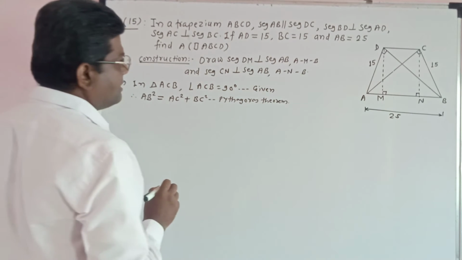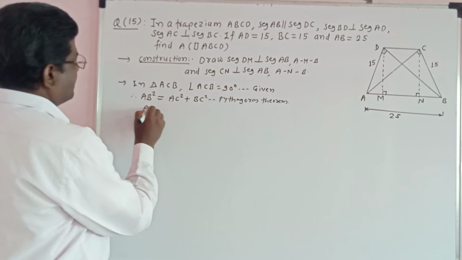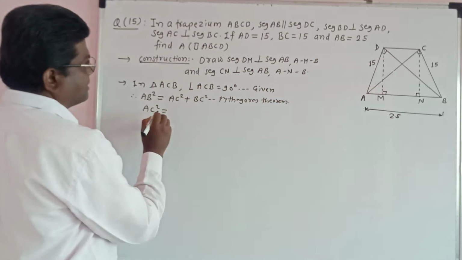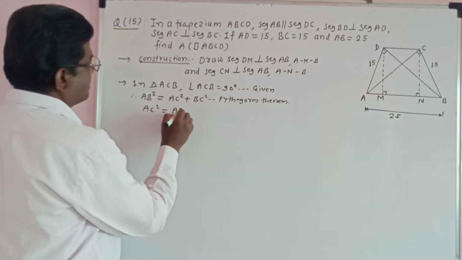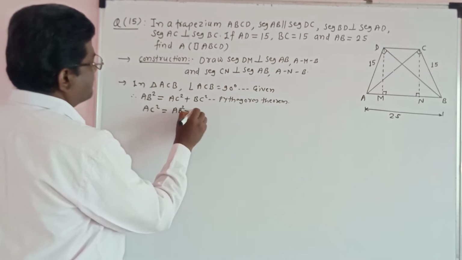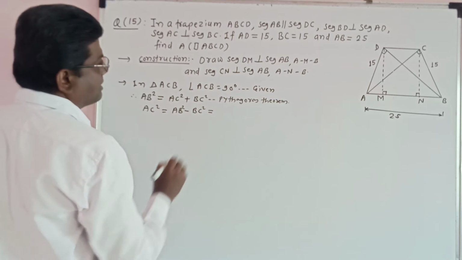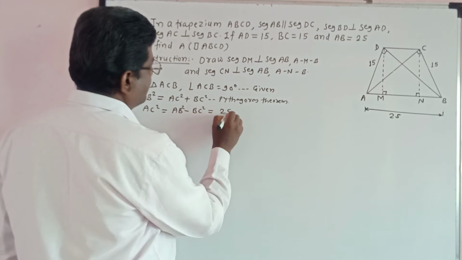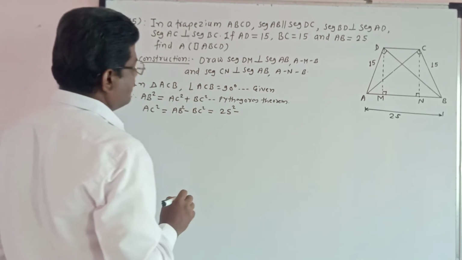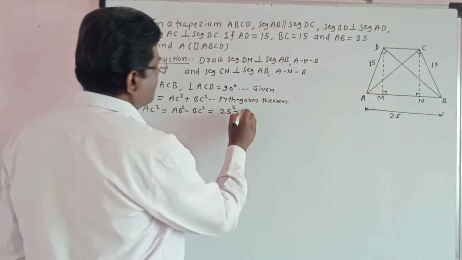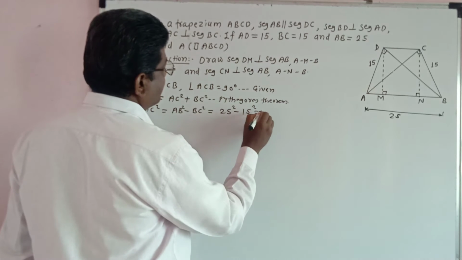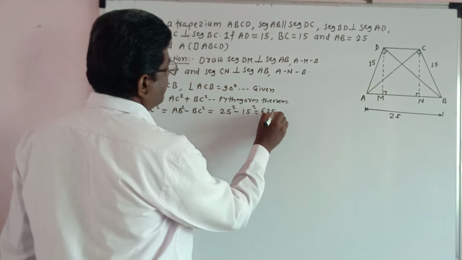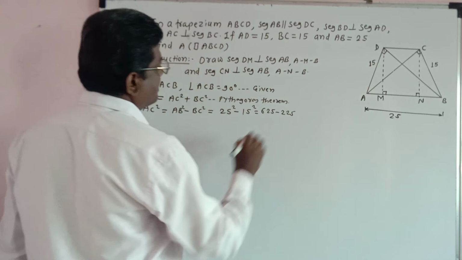We have to find AC. Therefore, AC square is equal to AB square minus BC square. AB is 25 square minus BC is 15 square is equal to 625 minus 225.